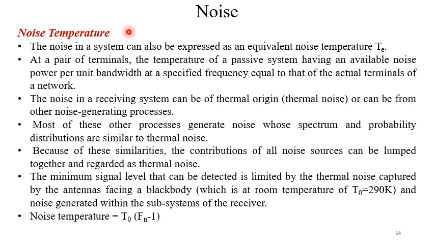The minimum signal level that can be detected is limited by the thermal noise captured by the antennas facing a black body, which is at room temperature, nearly 290 Kelvin, and noise generated within the subsystems of the receiver.